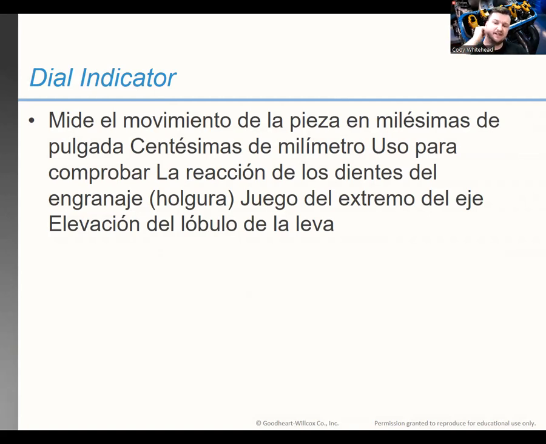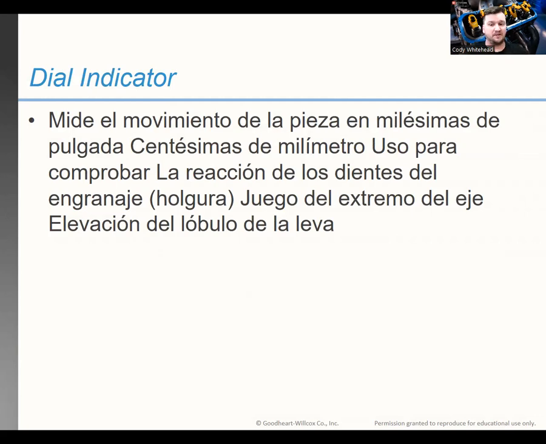Right. Dial indicator. This measures part movement in the thousandths of an inch, hundredths of a millimeter as well. Used to check gear teeth backlash or clearance. So when gears rotate against each other, they have a little bit of clash to them, so they can move slightly between each other. You can measure how much that movement is with the dial indicator.